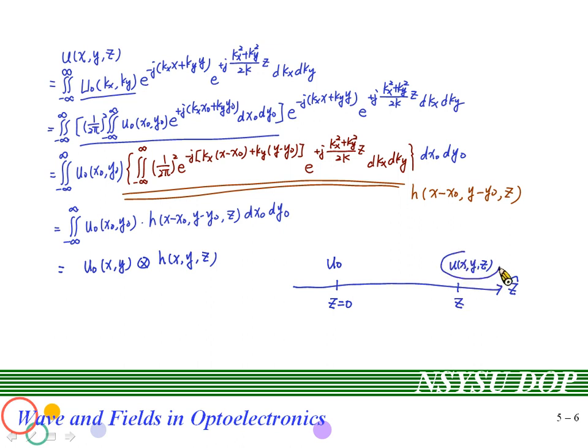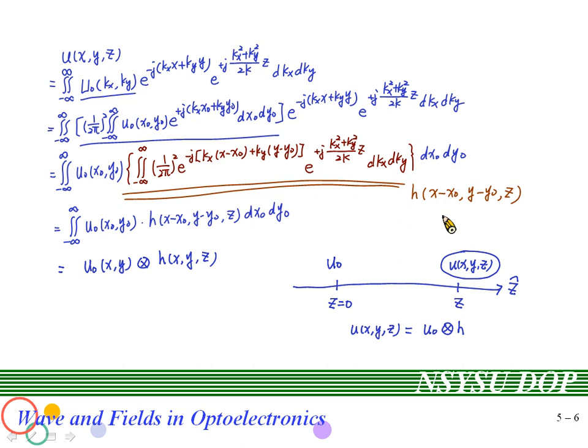This is what we want to obtain. How to find out this value? According to this result, we know that this value can be obtained by performing the convolution of the u0 function with the h function. u0 here is the initial amplitude you should know, and the h is defined as this.